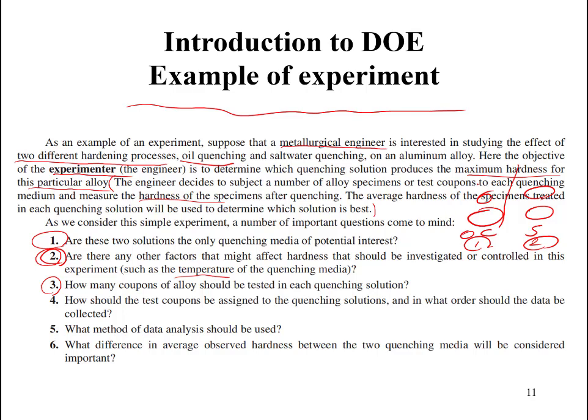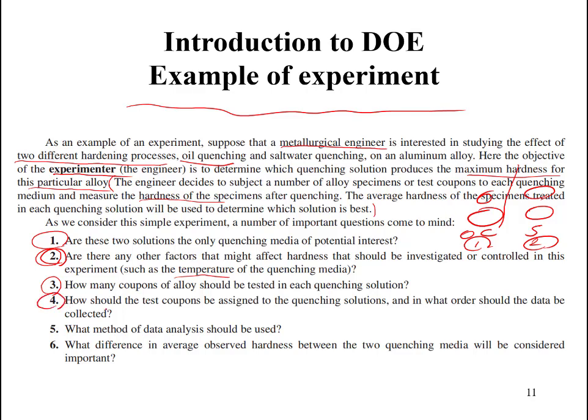We have a scientific procedure here again, and we can determine the appropriate number of samples required to find the answer to our question: which one of these quenching processes is more desirable or has a better outcome?